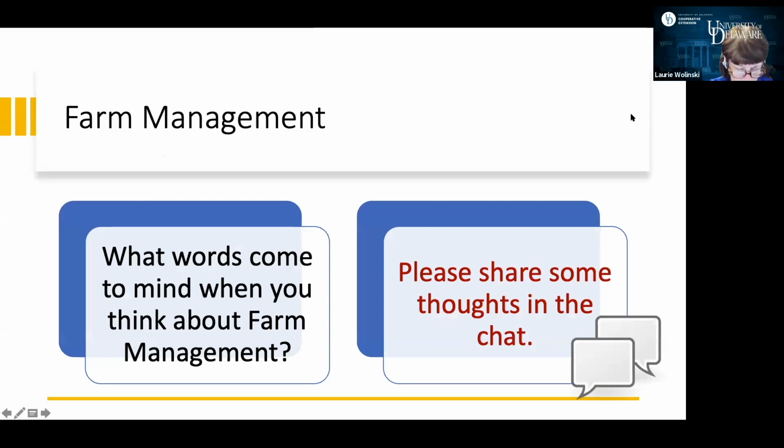So when thinking about farm management, what words come to mind? If you could type them in the chat, that would be great. If you have anything that comes to mind when you think about farm management.